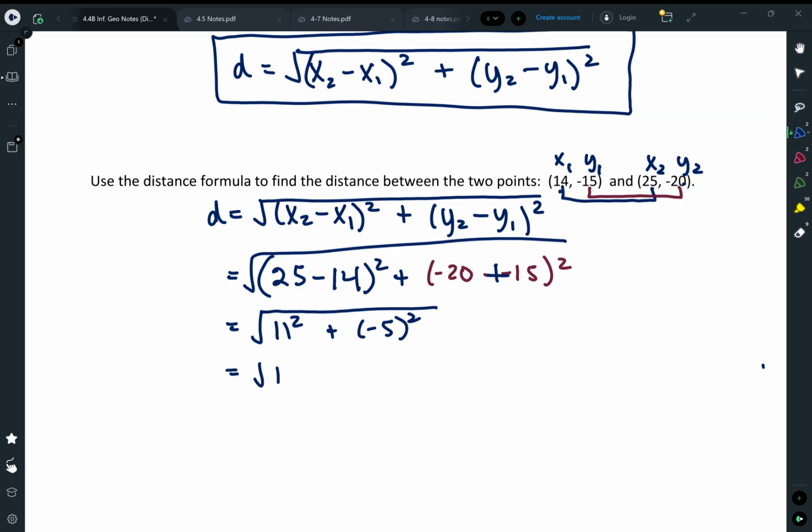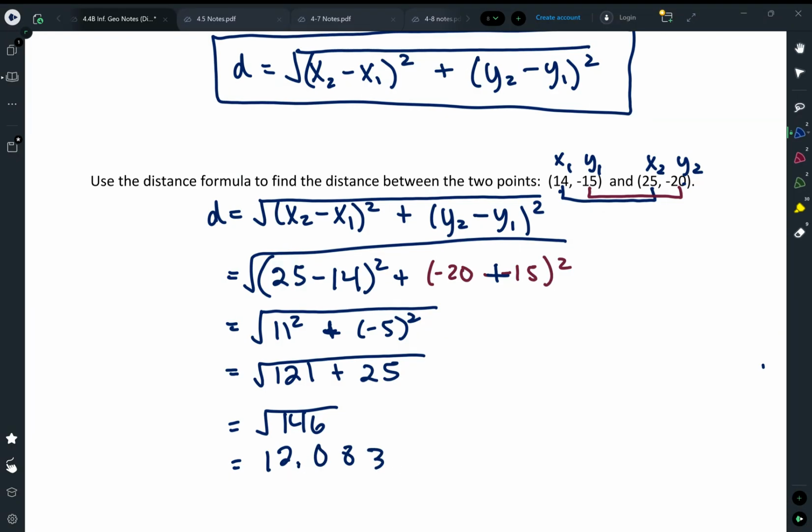So this is going to be the square root of 121 plus 25. I cannot just cancel squares and roots over this plus sign here. I have to keep going. And then I need to go ahead and add them. It's going to be the square root of 146. And then if I take that on a calculator, it gives me something like 12.083.